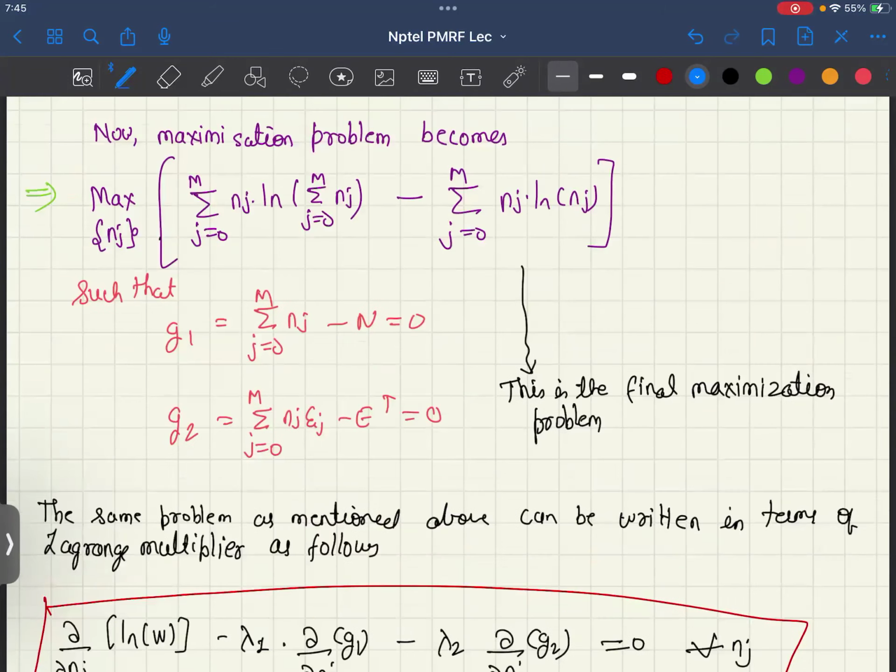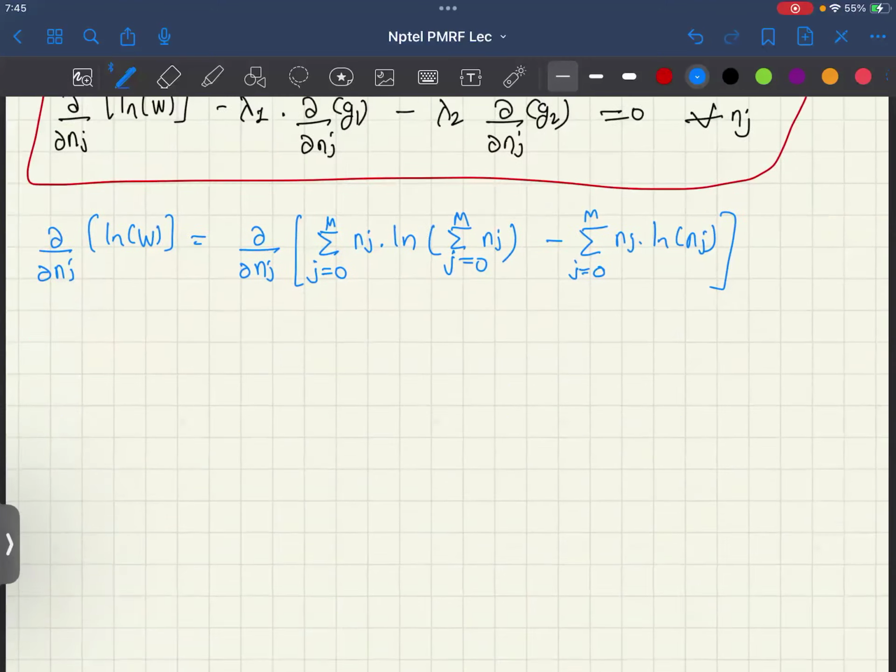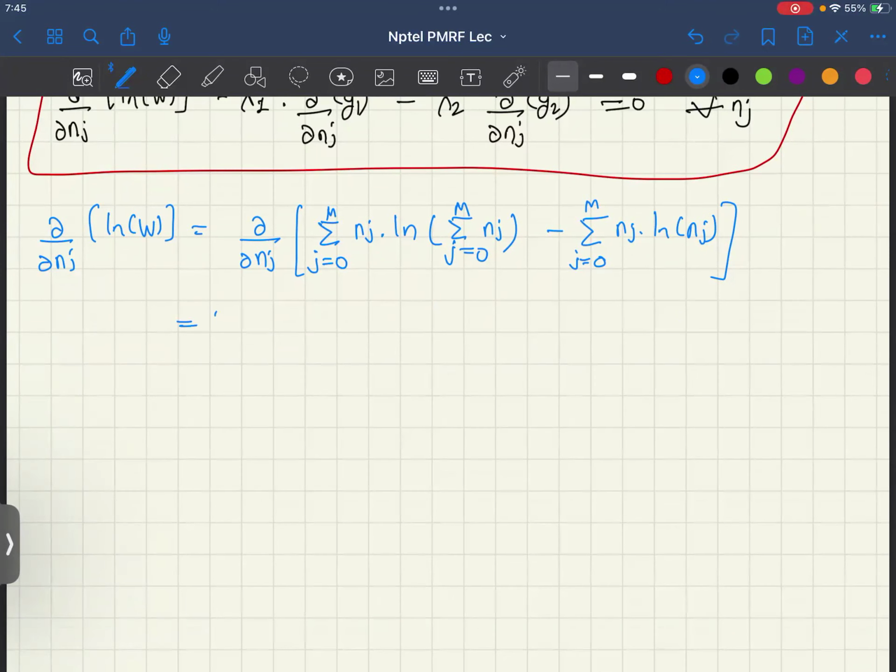Okay. So this is nothing but equal to dou by dou nj. So first of all, the way to solve is, let us do substitution. Let us say that summation j is equal to 0 to m nj is equal to x.